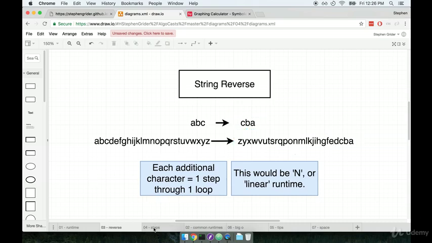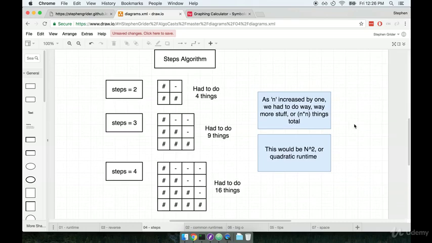Another good example of this would be the steps algorithm that we also looked at. So in this case, we had said that for each increment of the steps argument, we had to print out some number of additional items in our result set. So not only do we have to process more data, or iterate through some loop more times, our result set also had significantly more entries inside of it for every record that was added in.